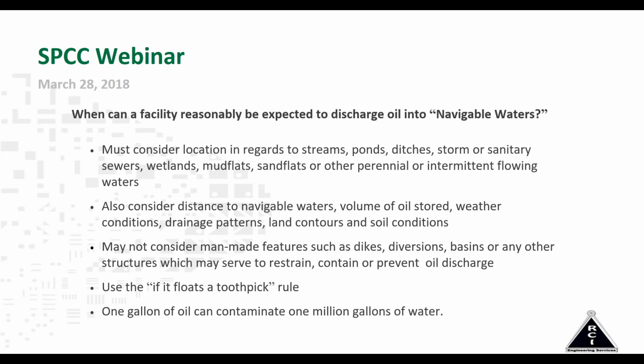This is actually EPA's own language: you must consider locations in regards to streams, ponds, ditches, storm or sanitary sewers, wetlands, mudflats, perennial or intermittent flowing water. So anything, we call it the toothpick rule, anything that can float a toothpick, the EPA is probably going to consider it a navigable water, even if it's a man-made feature like a drainage ditch.